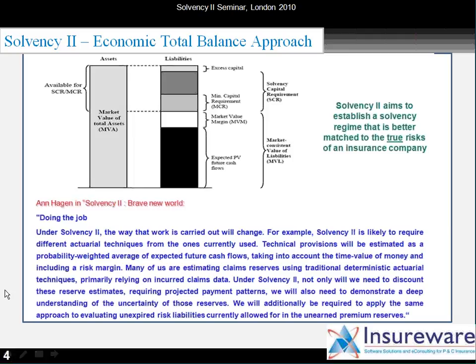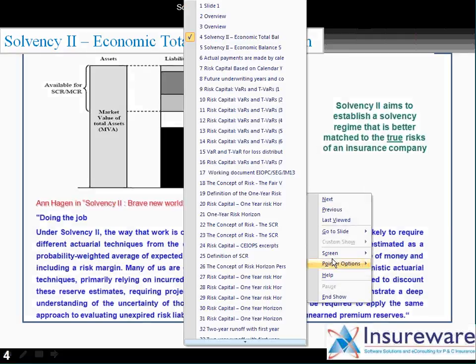Now, according to Anne Hagen, in an article in The Actuary, under Solvency II the way that work is carried out will change. Technical provisions will be estimated as a probability weighted average of expected future cash flows, by calendar year, taking into account the time value of money, including the risk margin. The risk margin is the same as the market value margin.